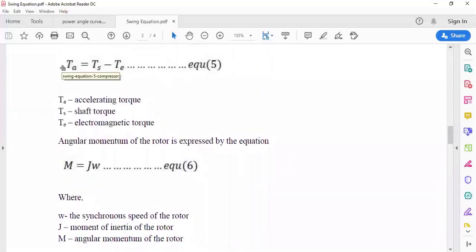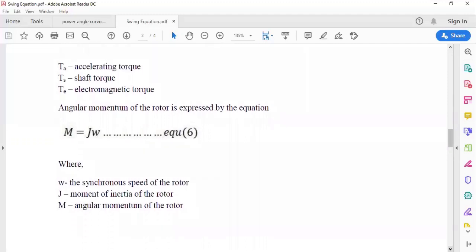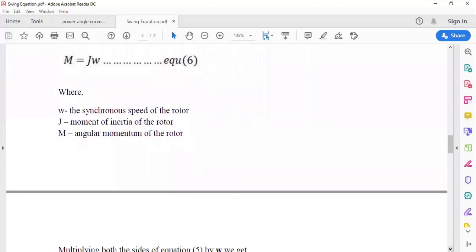This Ta, if we multiply both sides of this equation with omega, then we'll get power here, we'll get another power here, we'll get another power here. Now this will be accelerating power, mechanical power, and electrical power. So that equation is written there.